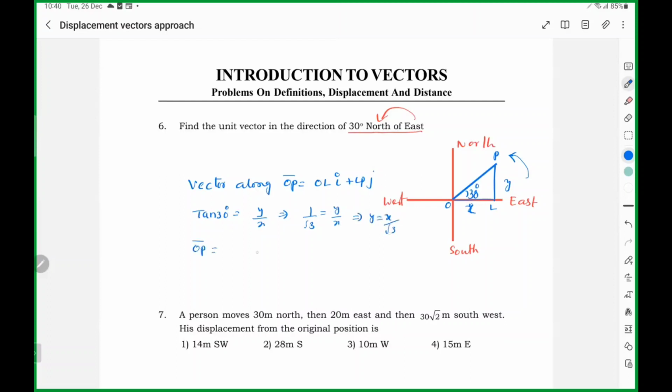So OP bar, in place of OL I wrote X, in place of LP Y, which is X by root 3 j.